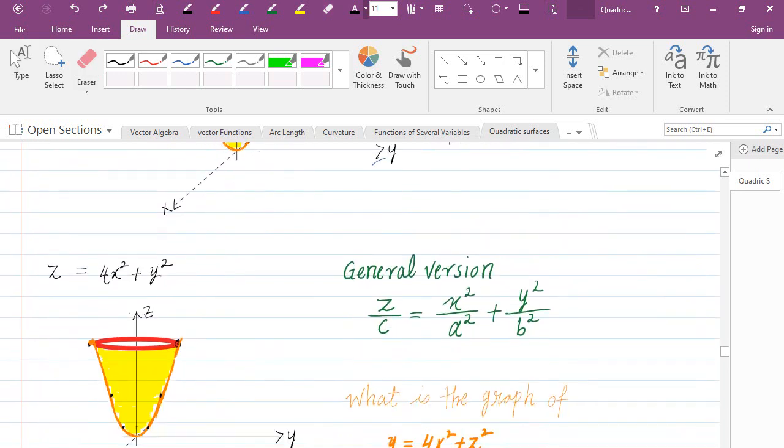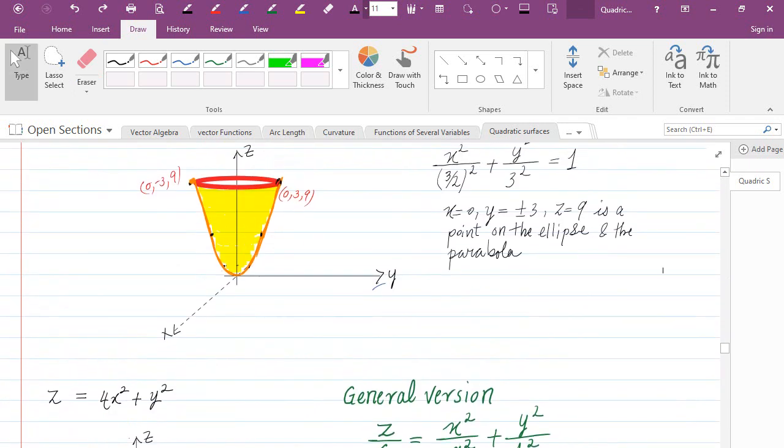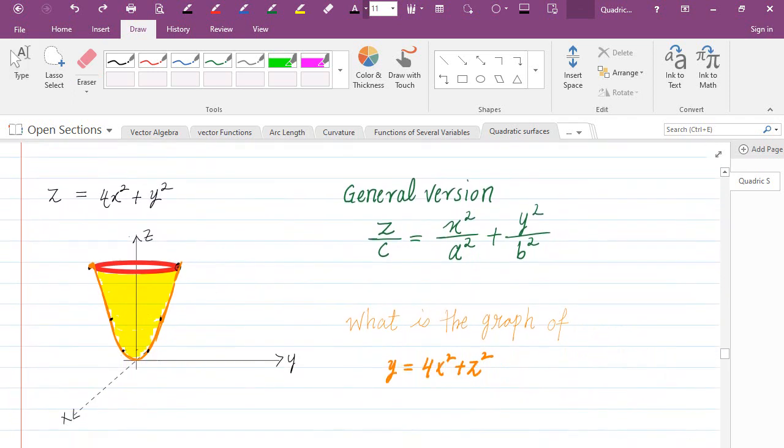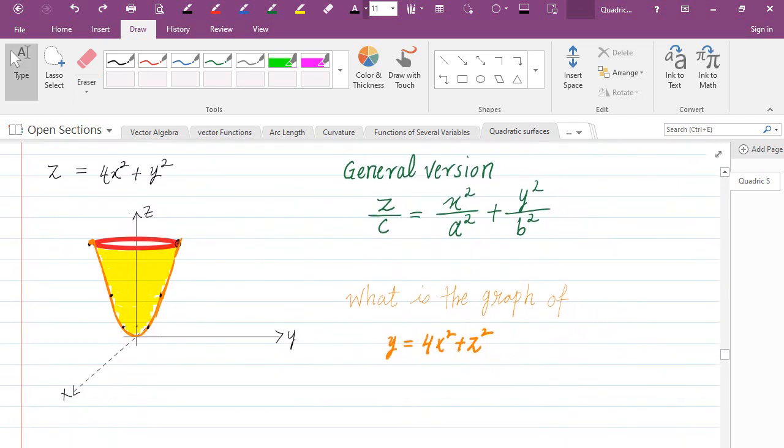So we've just found that the graph of this equation is this elliptic paraboloid, and the general version of this equation is z over c is equal to x squared over a squared plus y squared over b squared.